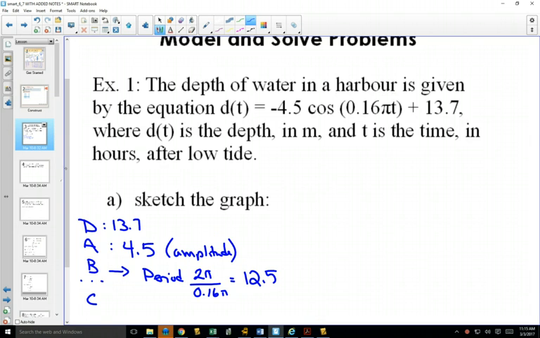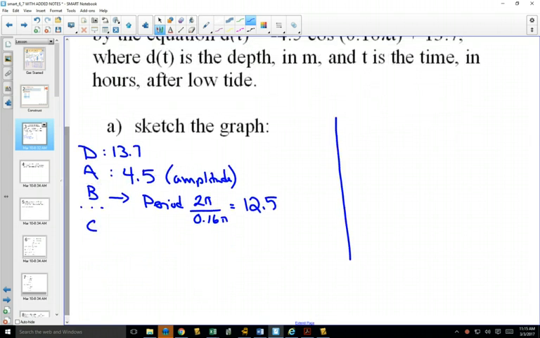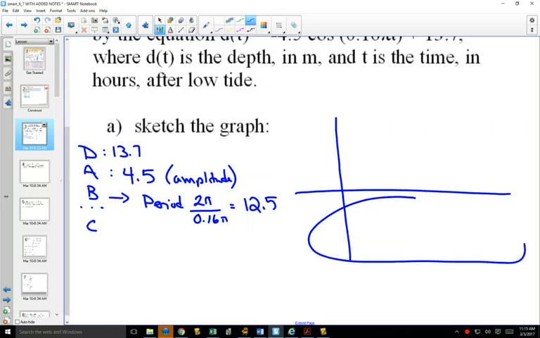So now to sketch this graph, and before I draw my scale, I do a little look at my data. Can you see from your data that 13.7 is going to be your middle value? And then you're going to go up 4.5 and down 4.5. So when I draw this, this might be a bad idea because I don't need any of this space below.